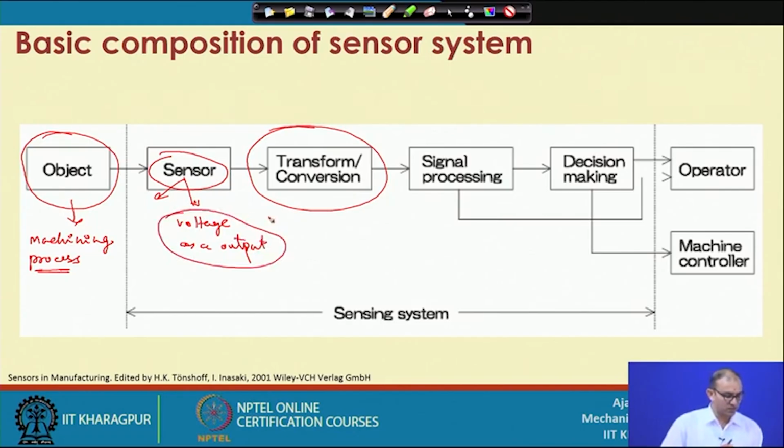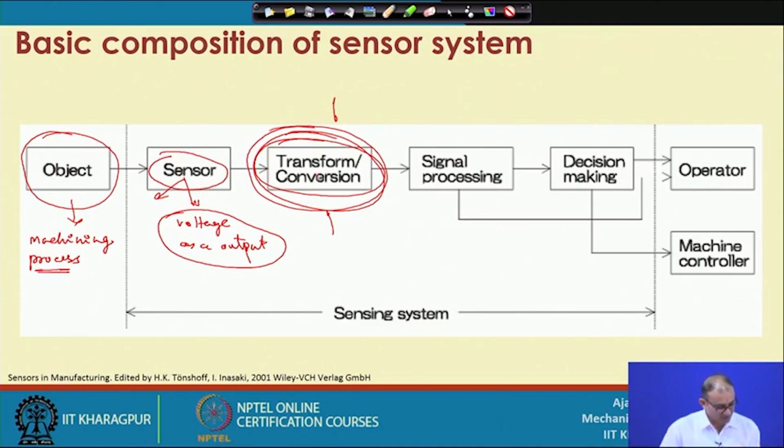But our objective is not the voltage, because whatever you are using, the dynamometer for force sensing, our objective is to get a force reading, not the voltage reading. So, it will do the transformation, that means conversion from voltage to force reading, or some type of current reading to force reading, or there are other sensors which will do conversion from an electrical signal to a mechanical signal, or mechanical signal to an electrical signal. Conversion is required to make sure that you are getting the required result in terms of your own variable, not in terms of the voltage.